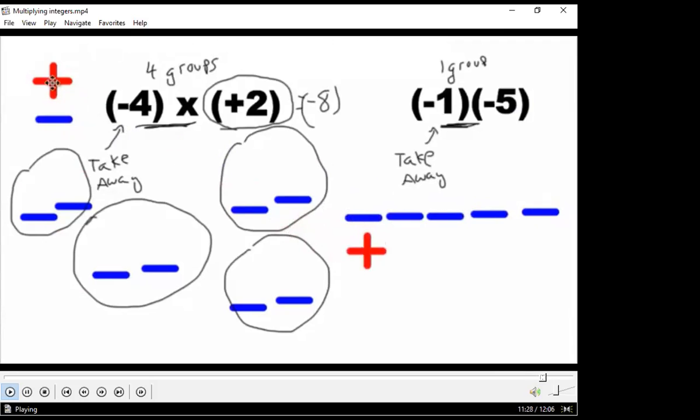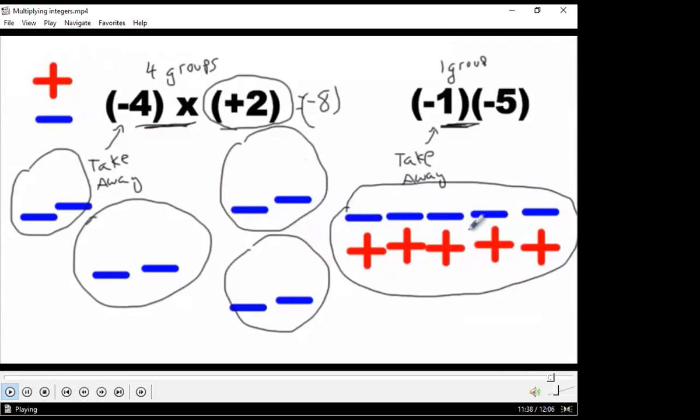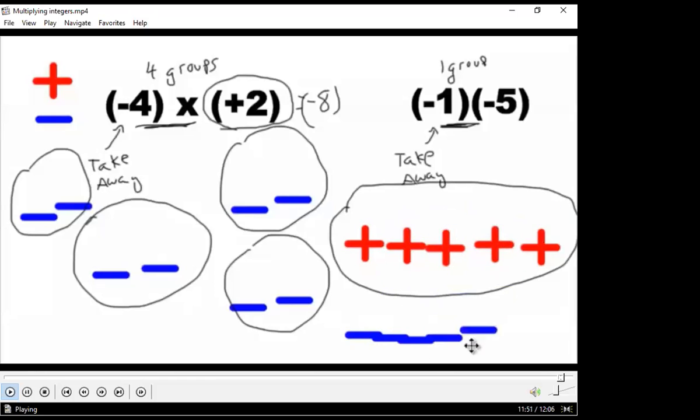Now it should be 0 pair: 1, 2, 3, 4, 5. He told me take away, so I have only 1 group with negative 5. He said take away negative 5 from each group. Take away negative 5 from each group. Then the answer will be equal to positive 5.